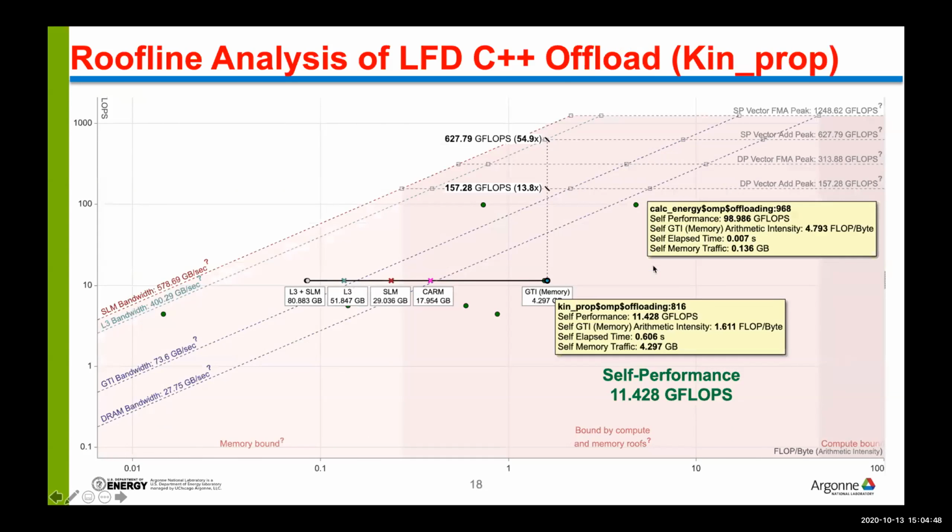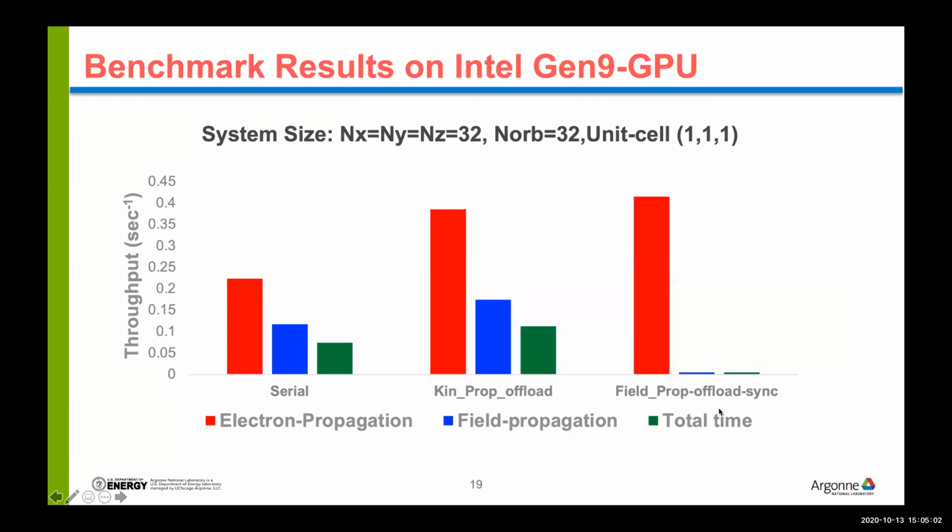And finally, this is the Roofline analysis of the electron field solver offloaded code, and we see a further increase in performance from 6 to 11.4. The current slide shows the benchmark results of the different offloads between the serial code offload of the electron field solver and the field propagation solver.